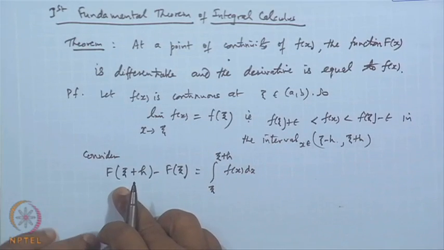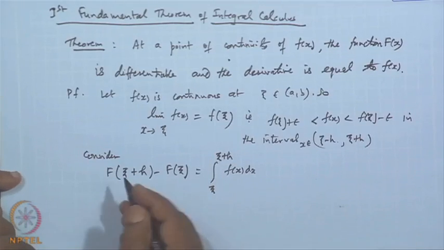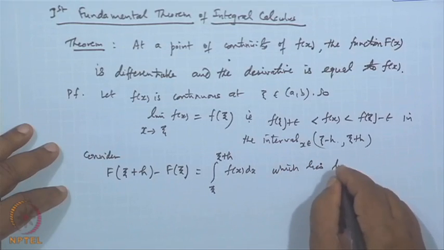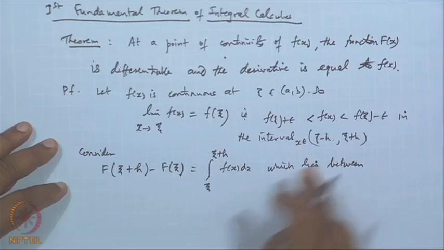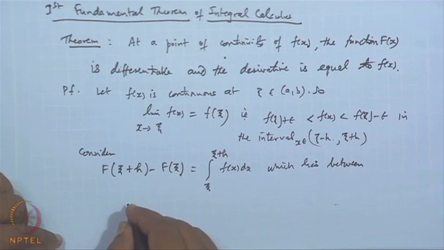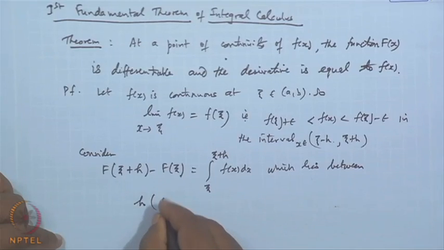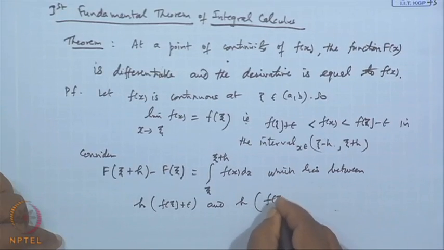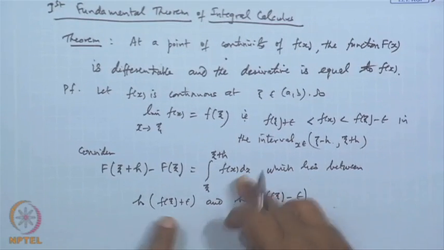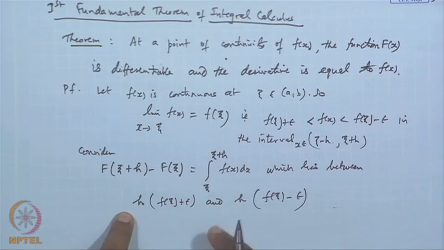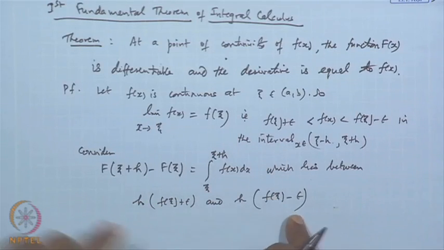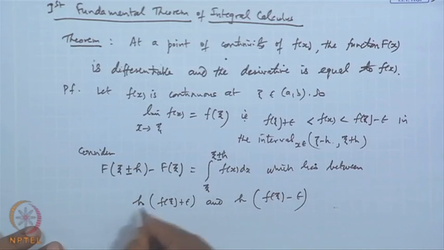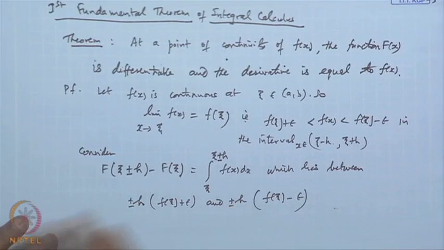So, obviously, this integral will lie between h times f x I plus epsilon and h times f x I minus epsilon, because f x lies between these two bounds. So, length of the interval is h. So, the value of this integral will lie between these two bounds. Similarly, when you take minus sign, you are getting this with x I minus h. So, it will lie between the plus minus this interval, plus minus this, that is all.